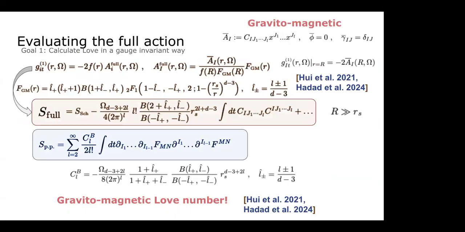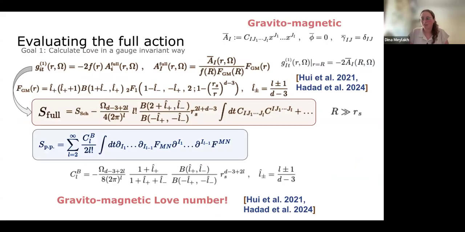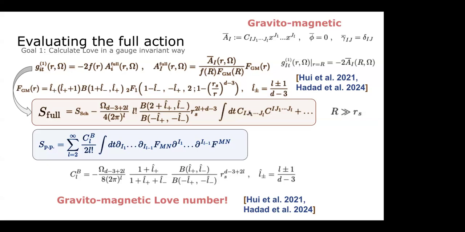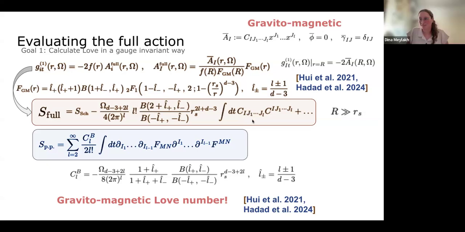So you don't have any other scale for the background perturbation. No, we do. The amplitude of the background perturbation is given here by C. It's an unfortunate coincidence that for the gravitomagnetic we also use C for the background amplitude and for the love number, but they mean different things, and you can distinguish them by the indices.